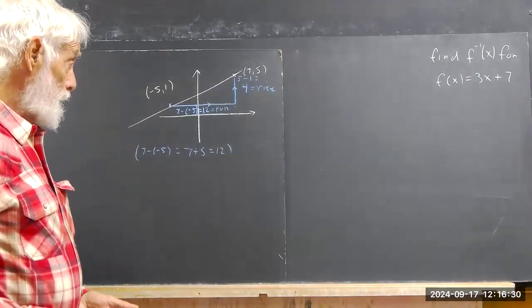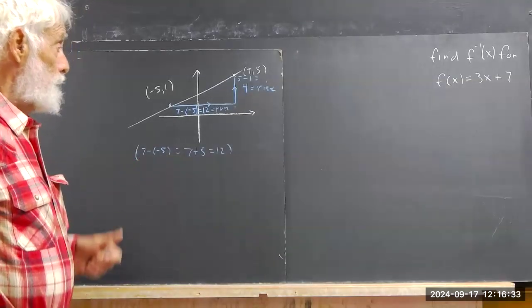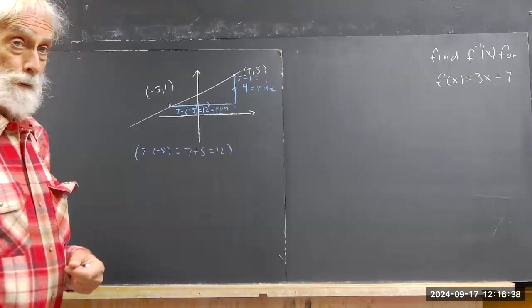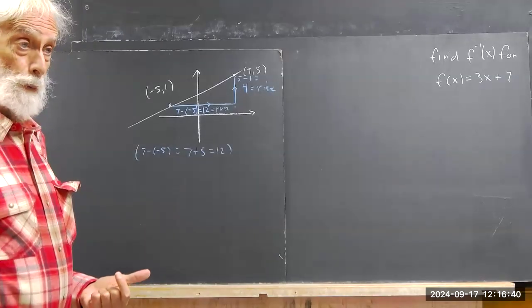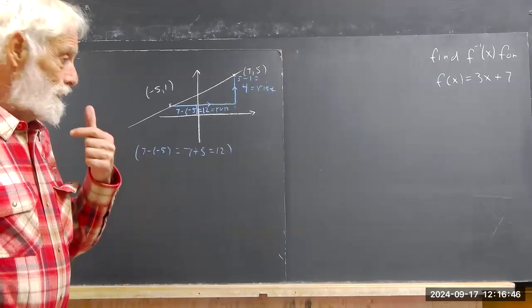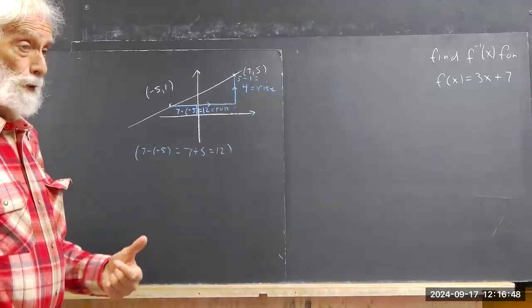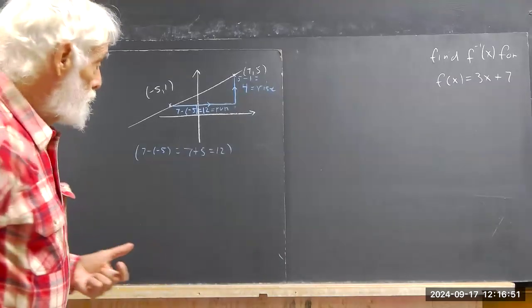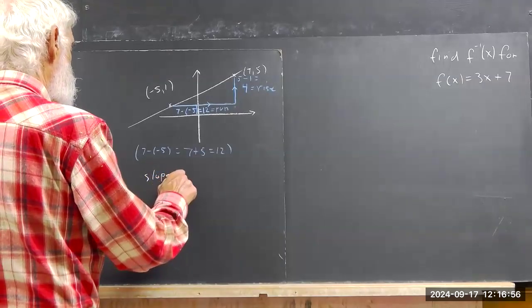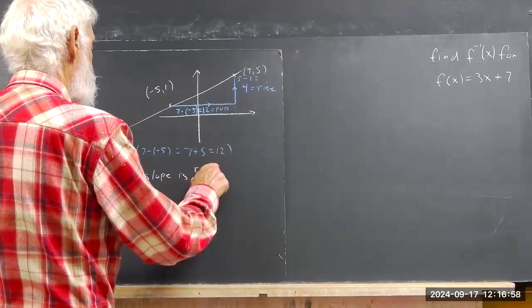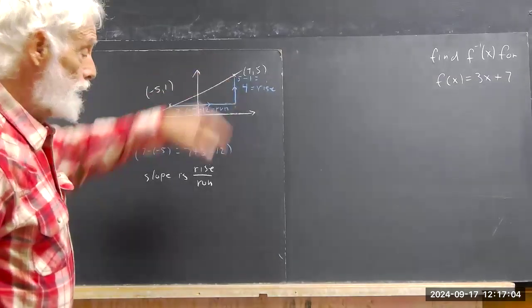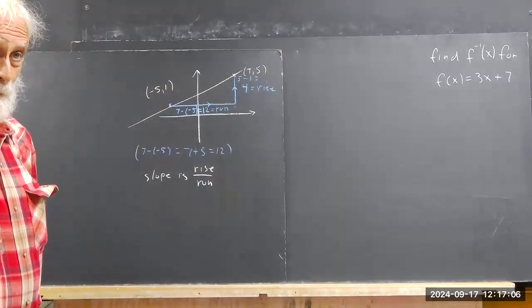When we find the slope, most people want to quote a formula, y2 minus y1 divided by x2 minus x1. And as I said, a majority of pre-calculus students don't seem to know what that means. So the definition of slope is rise divided by run. You can see that easily on this picture.